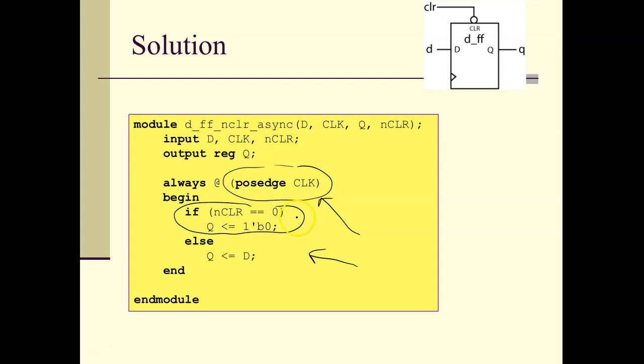If the clear is 0, it is going to clear the flip-flop and then exit the always block. Otherwise, if nClear is 1, it's going to do the loading part of the always block. So it's either going to clear or load on the clock signal.